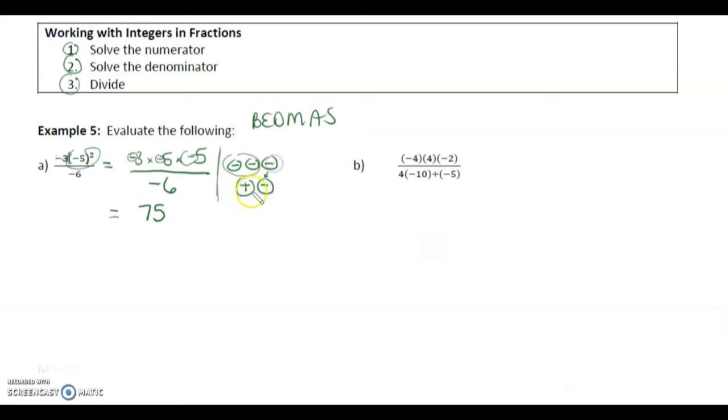Then if we bring that down, a positive and a negative will equal a negative. So this is going to be -75. And that's going to be divided by -6. Now, when we divide 75 divided by 6, we get 12.5. When we divide two negatives, it does become positive. So we get positive 12.5.